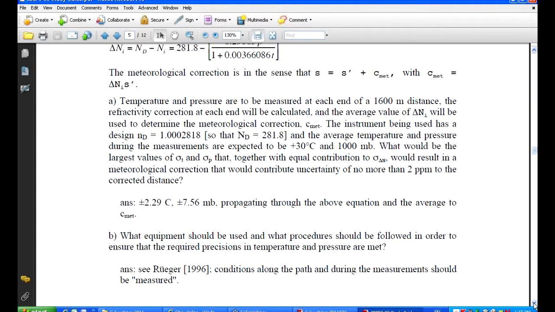The most obvious example is if you're measuring across a river valley and you take the temperature and pressure at each end, which is on land, and yet the radiation is going over water and all sorts of different terrain, so that the actual conditions that the radiation experiences will be quite different from what you're actually sampling.